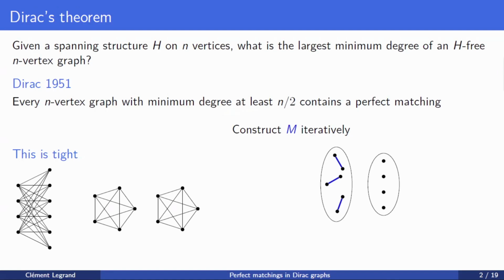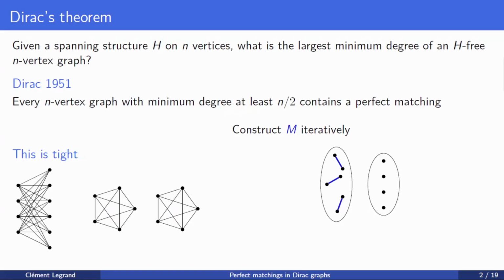What we're trying to do here is to construct our matching greedily. You take your graph and take some maximal matching inside of it. Because it's a maximal matching, I cannot extend it, and whatever is left is an independent set.